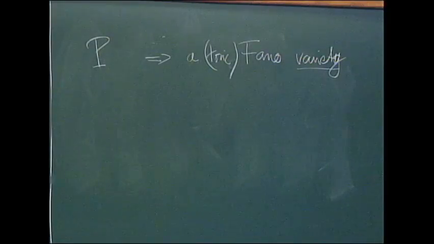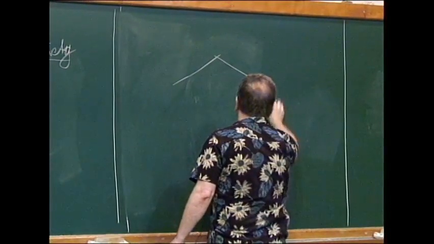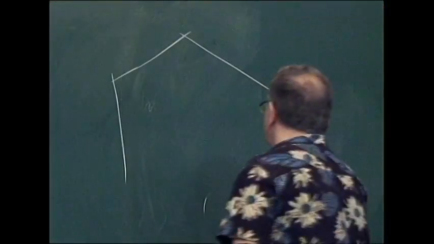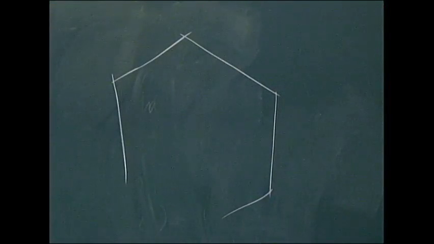So here's your polytope P. Well, this is a polygon, but never mind. The origin is strictly in the interior, so I will put a little cross where the origin is.